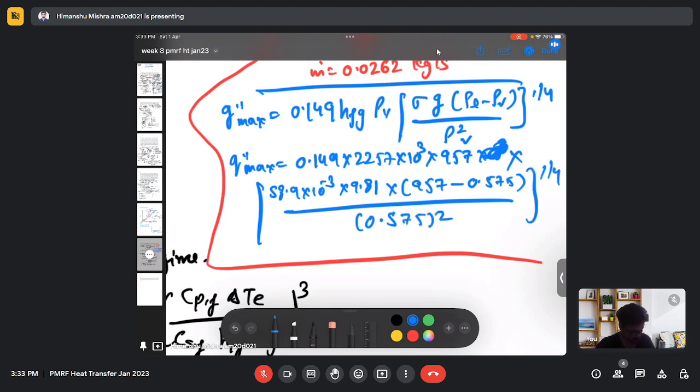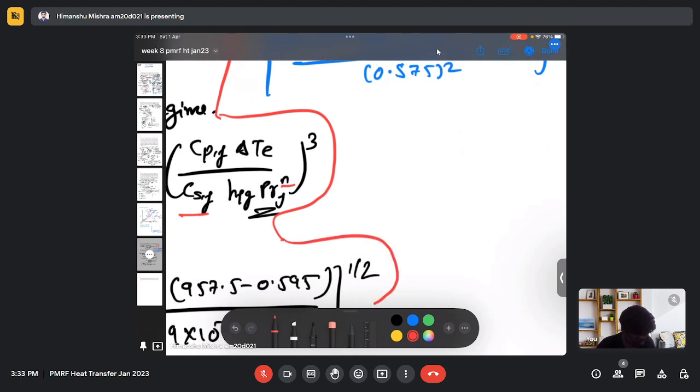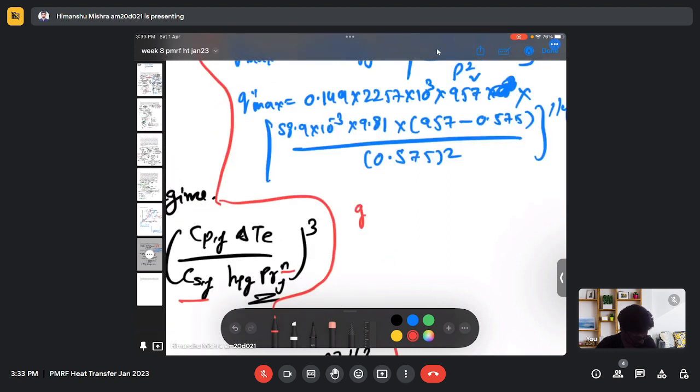So we just need to calculate the above quantity here. So my maximum heat flux after calculating this will be about 1.26 megawatt per meter square.